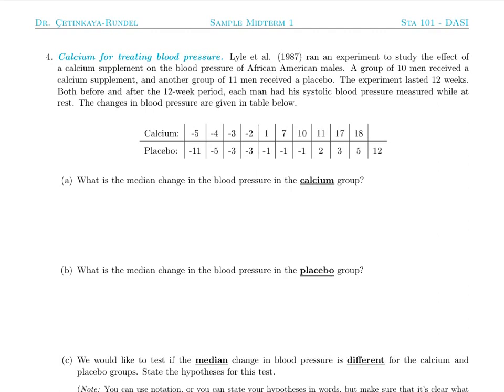What's the median for the calcium group? 4. How did you decide the median for the calcium group is 4? I canceled out until I got to 1 and 7, and added 1 plus 7 divided by 2. So the middle numbers here are 1 and 7, so the median should be the average of those, so that's 4. What's the median for the placebo group?